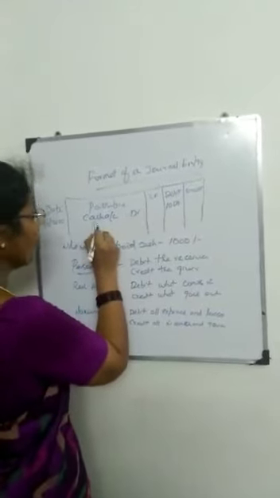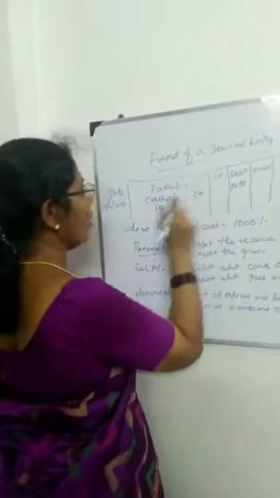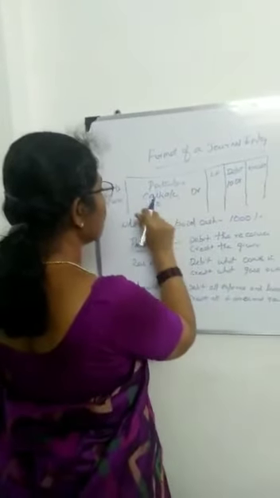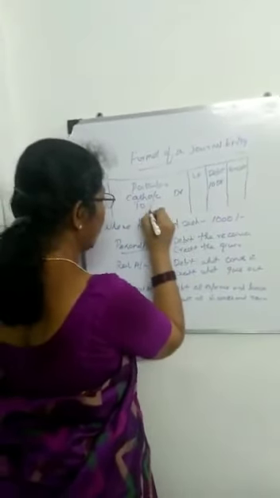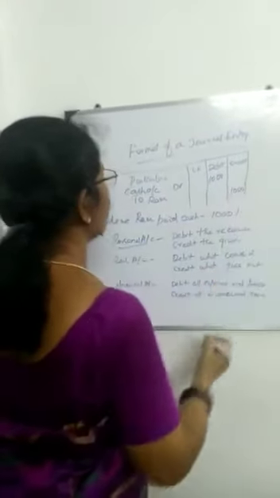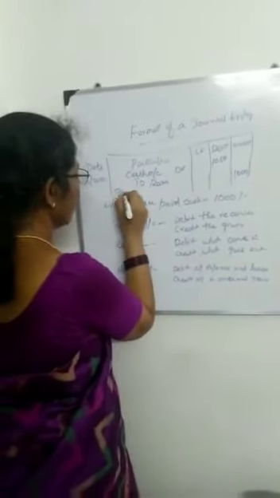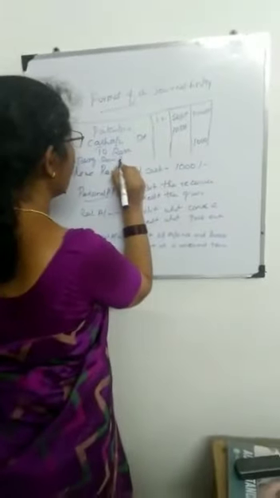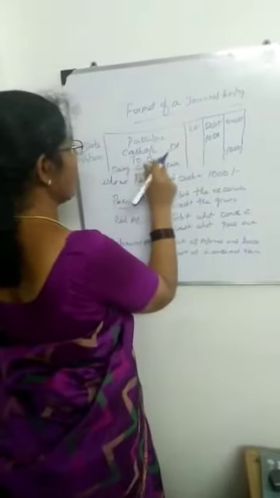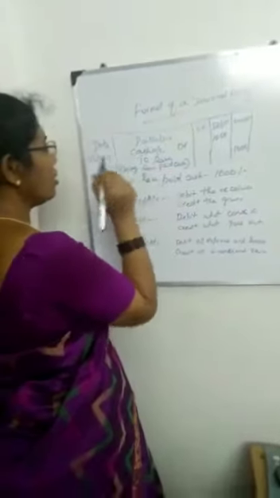After debiting first, you have to put a little gap and write the second line, to Ram, credit the giver, 1000 rupees in the credit column. So this is the transaction. Now we have to narrate this one. So: being Ram paid cash.